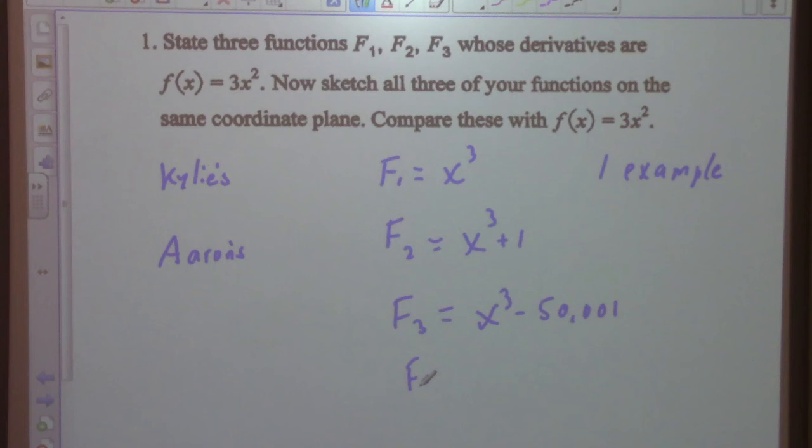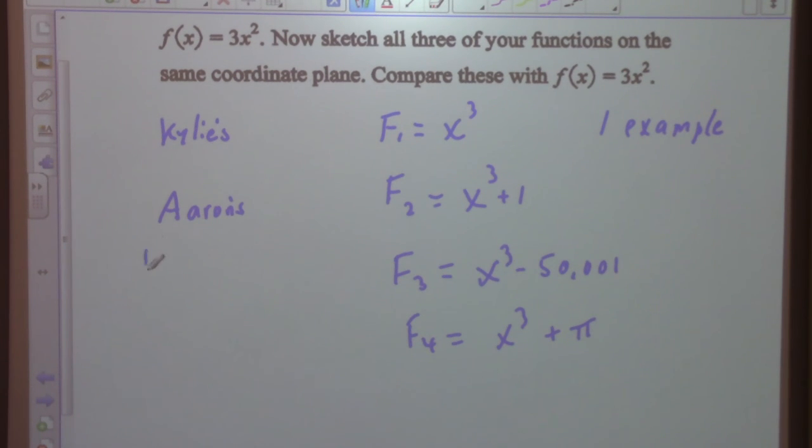Now who could give me another one? Who can give me f of 4 equals what? X cubed, how about plus pi? Plus pi, okay, yeah, that's one. Now I want other people to have a turn. Okay, Hannah, what do you got for f of 5 equals what?